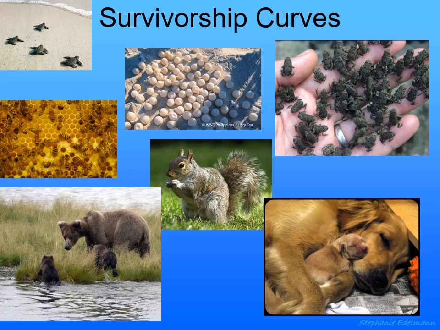Would that be a 1, a 2, or a 3? And after you think about it for a moment, you should come to the conclusion, hopefully, that if you have a whole bunch of youngsters, that probably means that a lot of young ones of your species die.